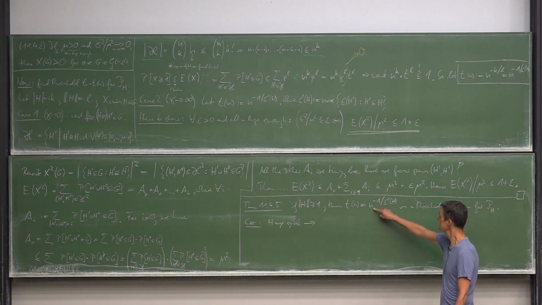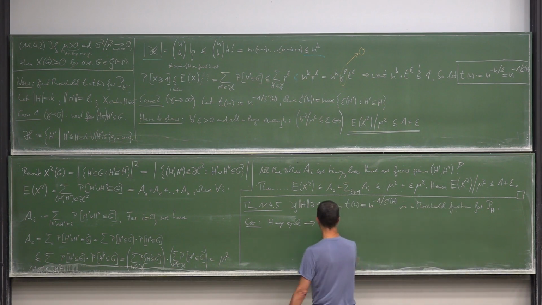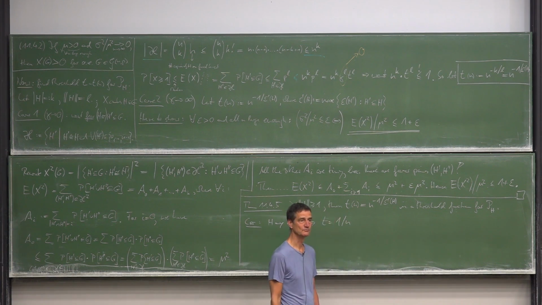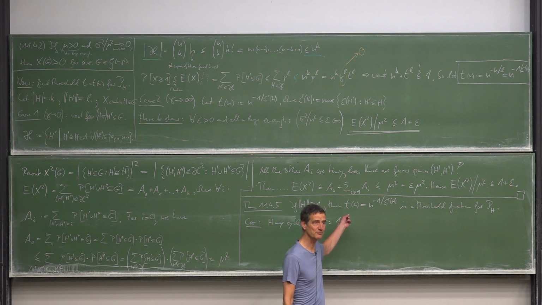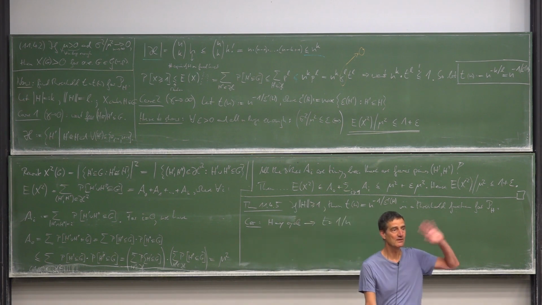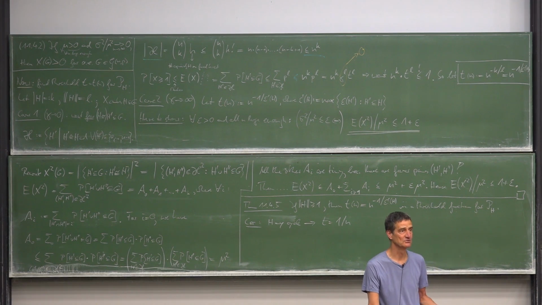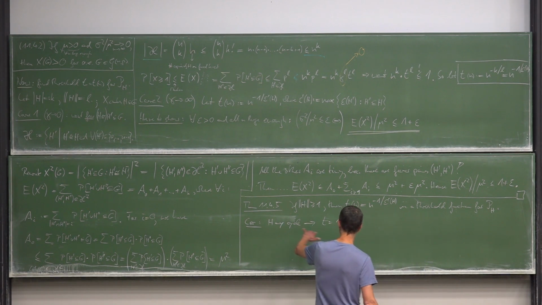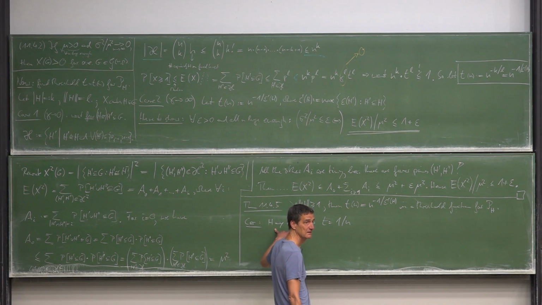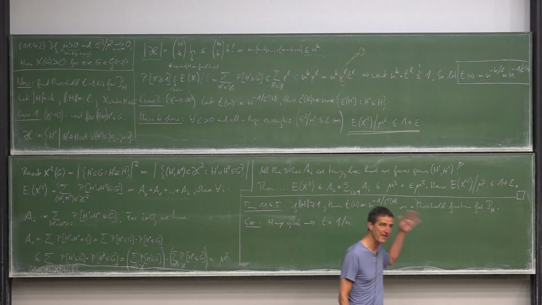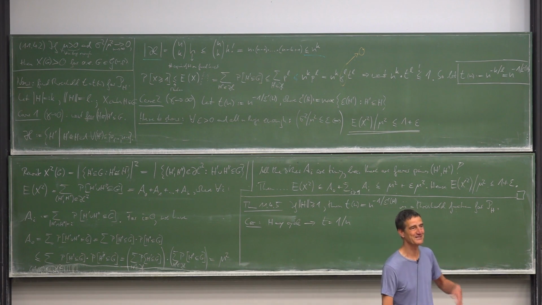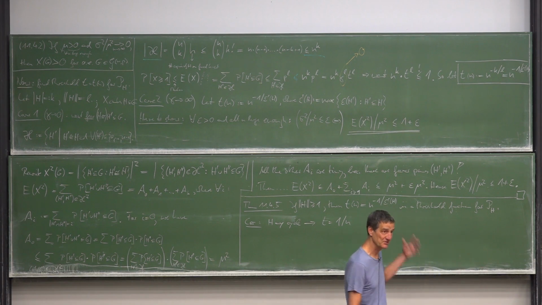So what happens here is n to the minus 1. Cool. Remember I said that when we proved Erdős–Rényi, that when we're lower than n to the minus 1, we not only don't have any short cycles, we have no cycles at all. Right? For any fixed length, we almost surely have no cycles of that length. But one can even prove that we almost surely have no cycles at all, which is a slightly stronger statement.